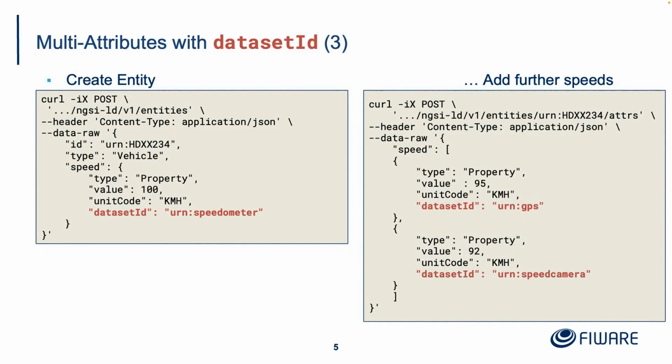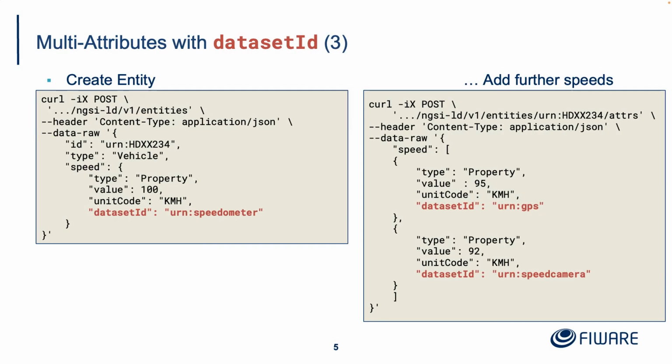The way you would create it is, as you would expect, you can add in multi-attributes as part of your normalized, or indeed part of your concise, data format. You can see on the left there we have just done a POST to create on the entities endpoint, and it's like type, value, unit code, saying this is where we are coming from. You can also add in additional attributes using the same mechanism.